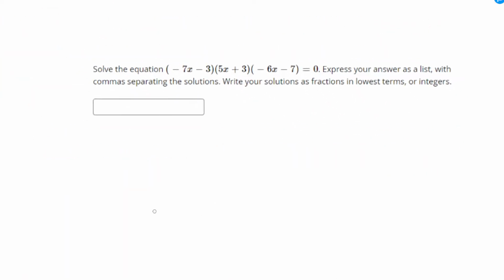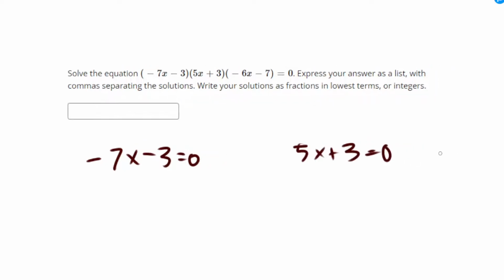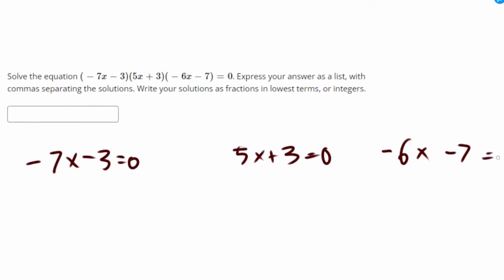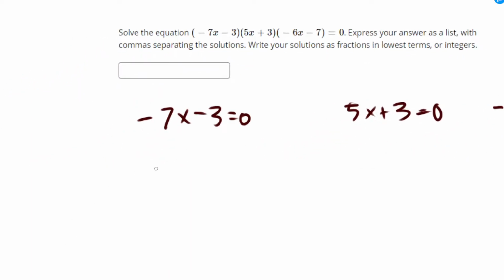This one is the same idea, and this expands on that idea. So -7x minus 3 equals 0, 5x plus 3 equals 0, and -6x minus 7 equals 0. So this one, we'll add 3 over, so we have -7x equals +3.